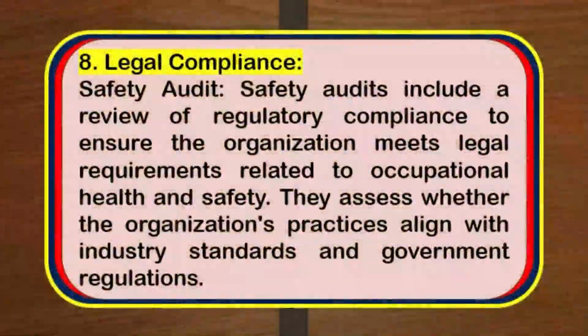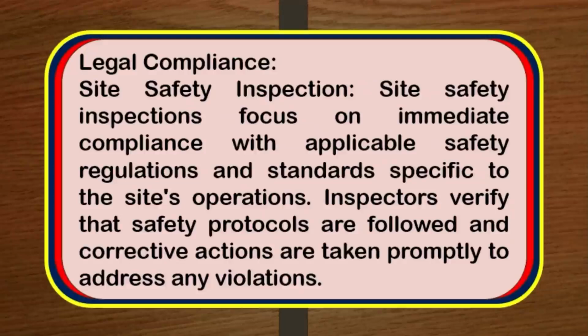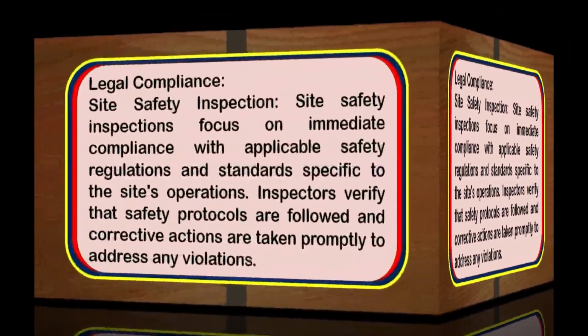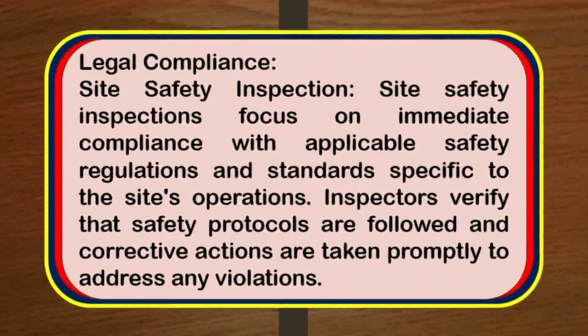They assess whether the organization's practices align with industry standards and government regulations, whereas the site safety inspections focus on immediate compliance with applicable safety regulations and standards specific to the site's operations. Inspectors verify that safety protocols and procedures are followed, and corrective actions are taken promptly to address any safety violations.